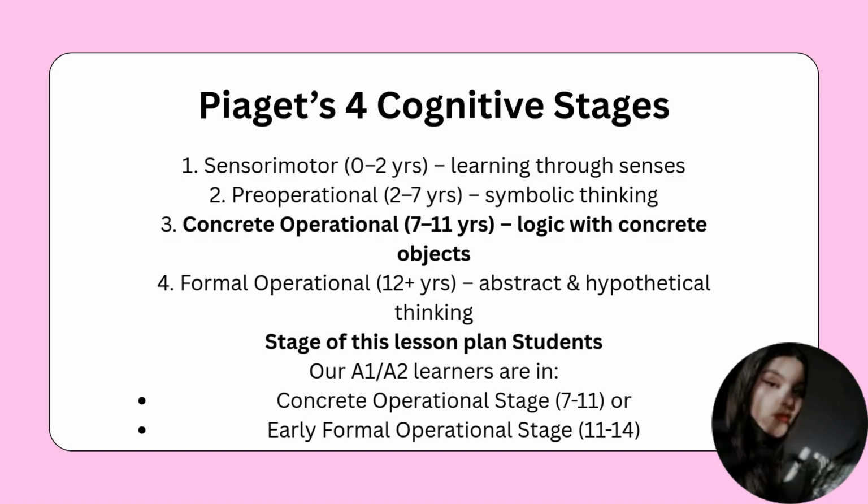So for this lesson plan, dedicated to an A1, A2 English group, the students are usually in the concrete operational stage, or they might be entering the formal operational stage. That is from 7 to 11, or 11 to 14, or even to adulthood.